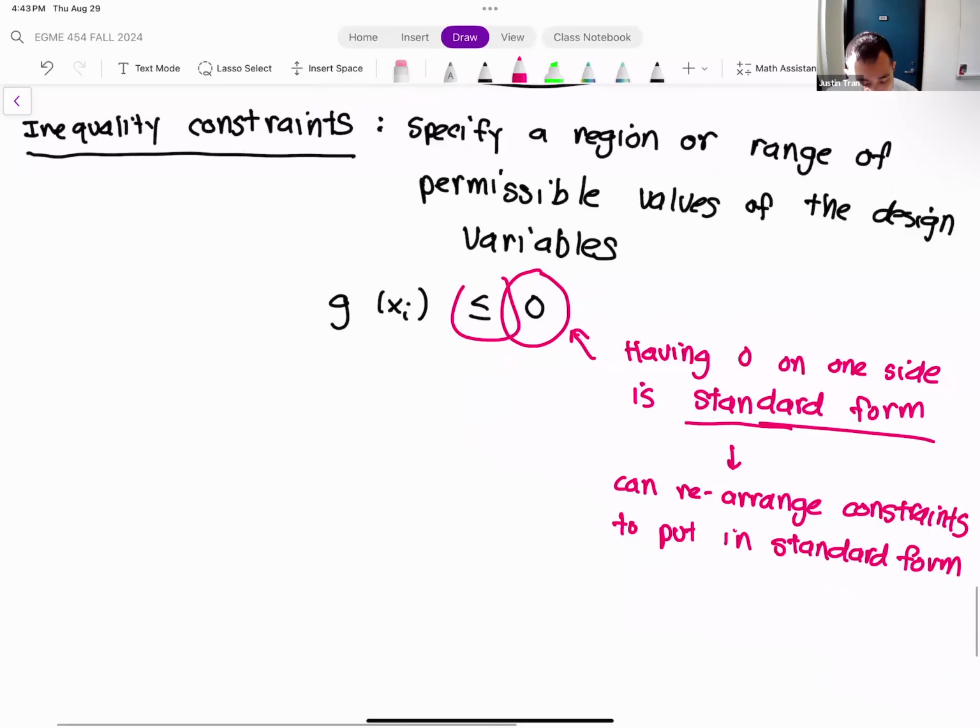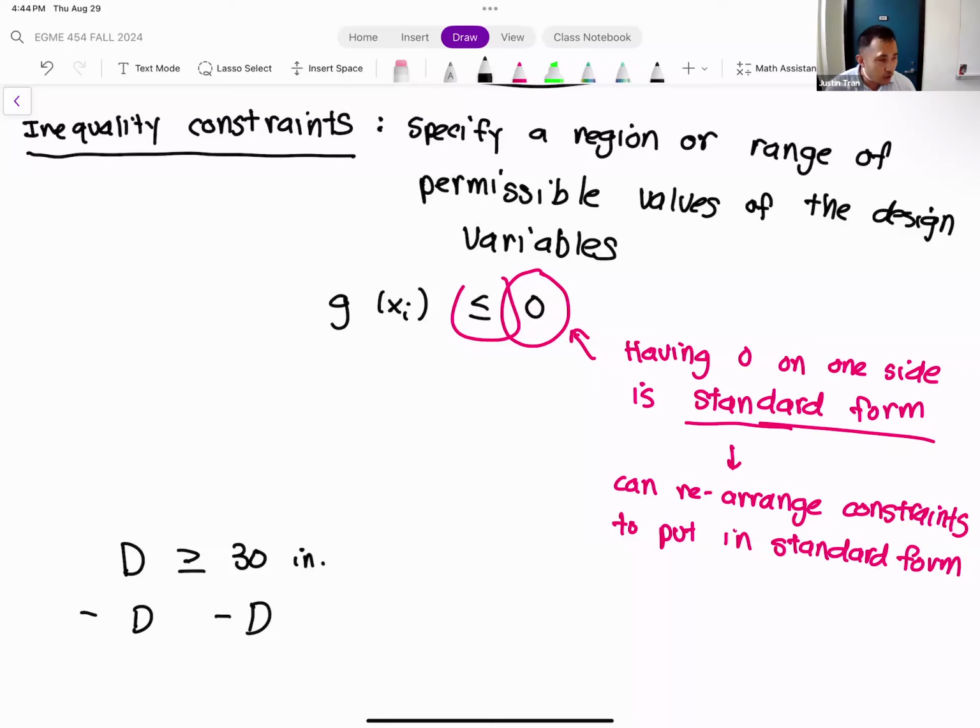So if we want to take that example and put it in standard form, we have D must be greater than or equal to 30 inches. Even though my opinion is that this is the easiest way to view this, this is not technically standard form.